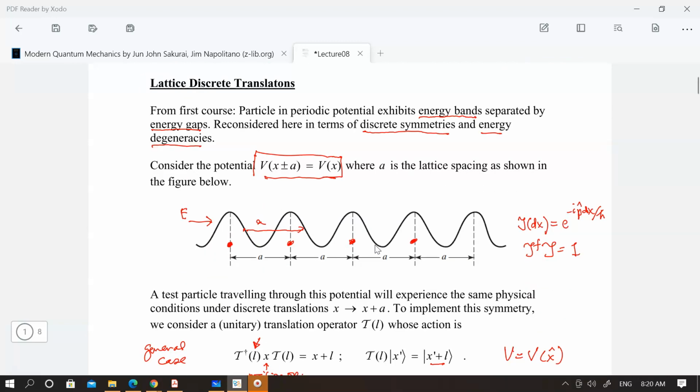Suppose the energy level of the electron is still below the maximum of the potential height.